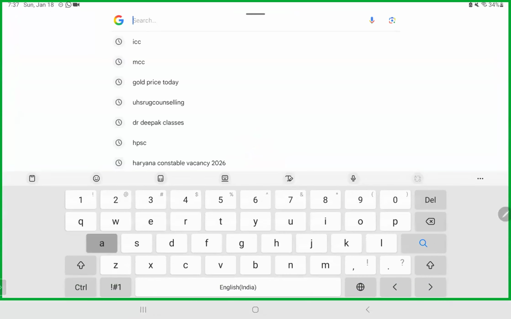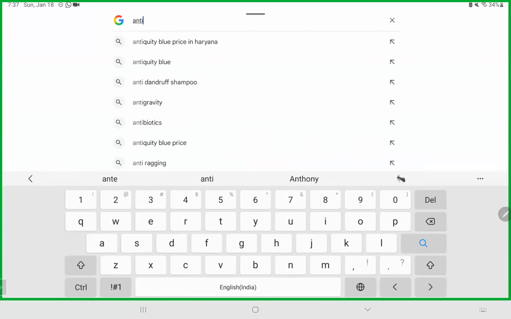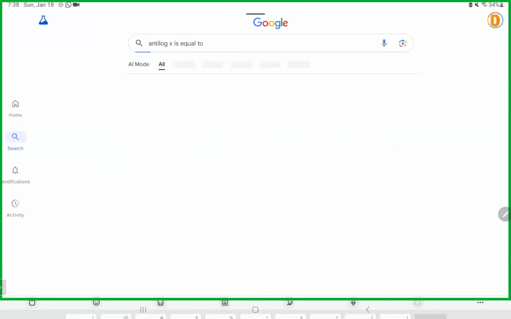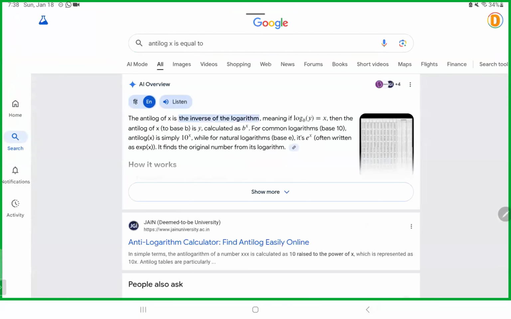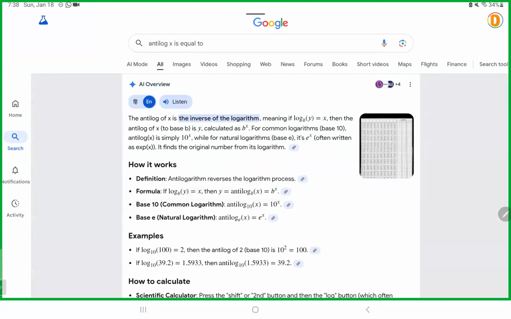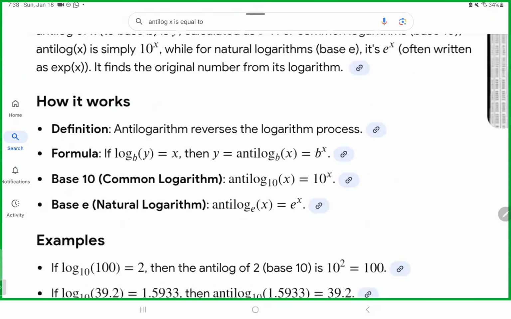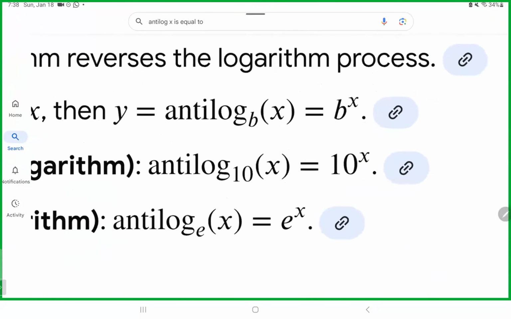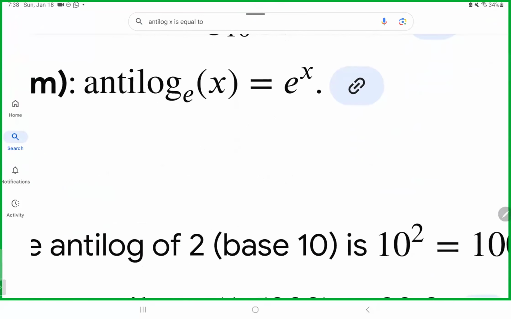Sir, if we take antilog, taking the logarithm to the other side, it will be exponential. Antilog base b of x will be equal to b raised to power x. See, antilog e of x is equal to, what is it?